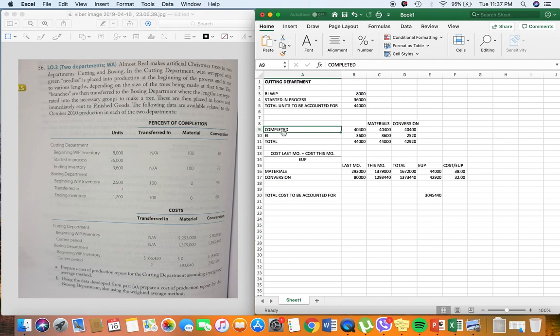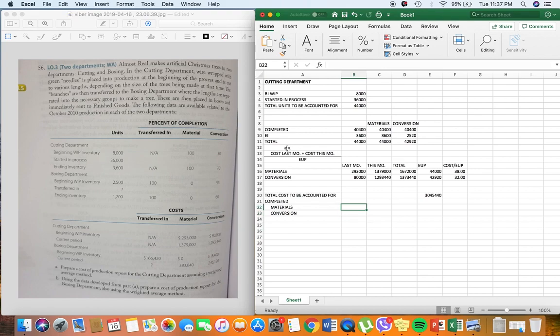So we go back to our EUP computation. We have classified the units into two: the completed units and the units in our ending inventory. We compute first the cost of the completed units, with materials cost first, and then conversion.